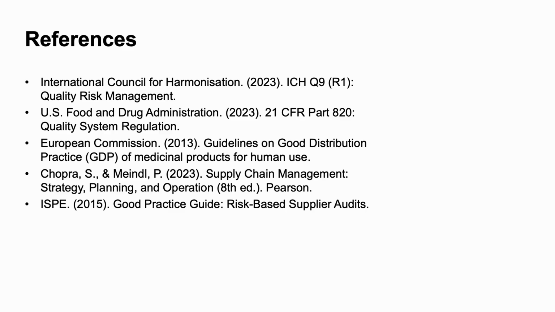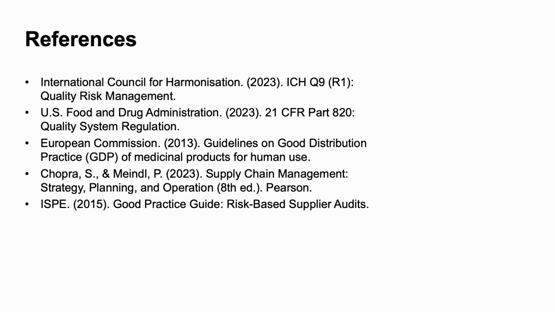EU GDP Guidelines 2013/C343/01 establish distribution requirements, including qualification of depots and carriers, temperature control, and deviation management, essential to protecting product quality and ensuring traceability.